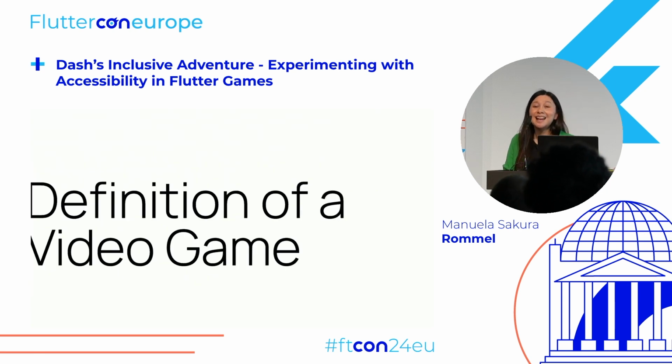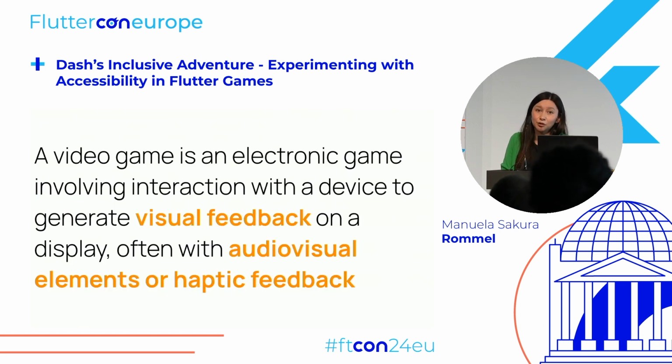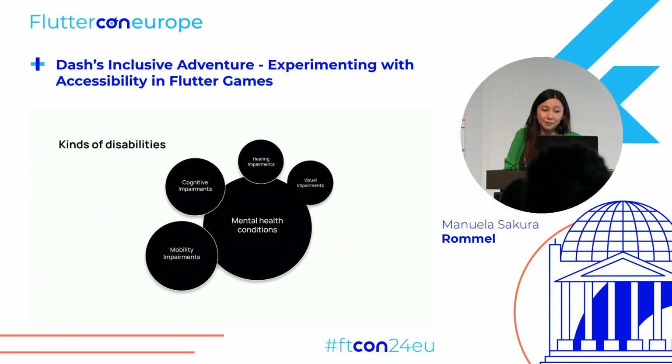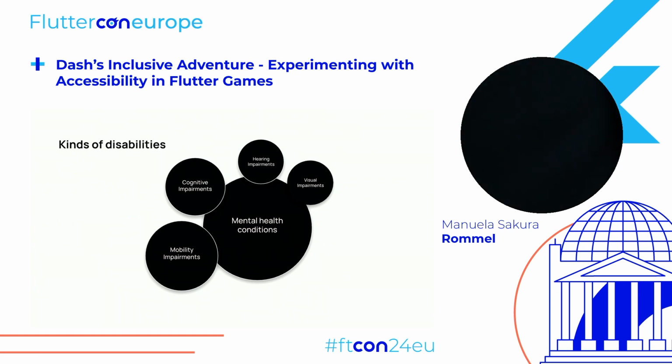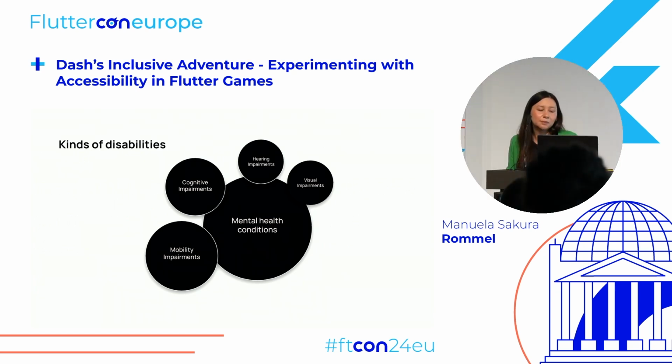So first of all, let's start with the definition of a video game. What is a video game? So a video game is an electronic game involving interaction with a device to generate visual feedback on a display, often with audio-visual elements or haptic feedback. And that brings us to our challenge, because disabilities include sensory difficulties, and a game is basically a combination of sensory stimuli and a story and a challenge, woven into it.